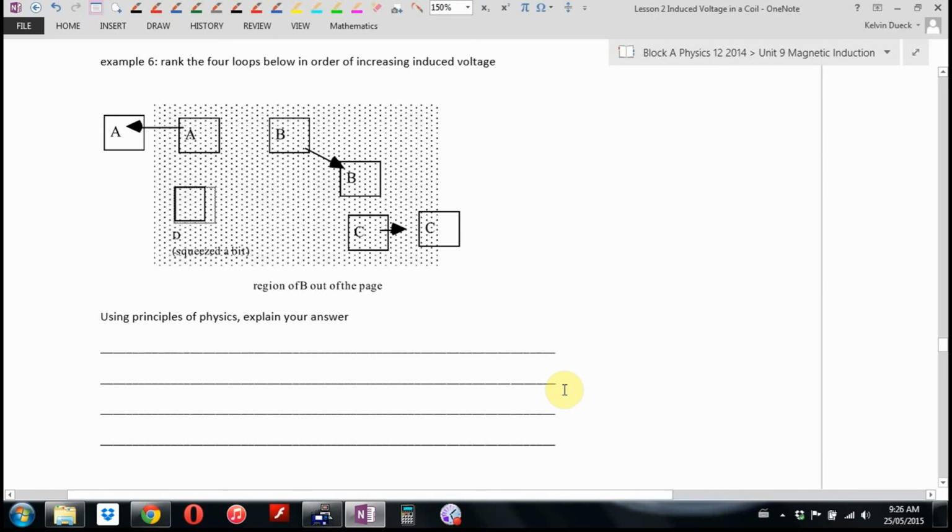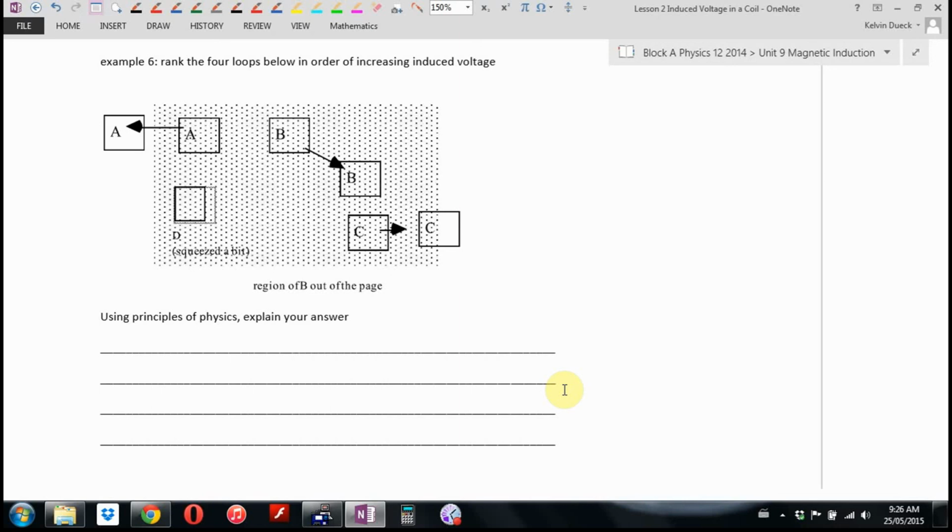Example 6 says, rank the 4 loops below in order of increasing induced voltage. So from smallest to biggest. Okay? One of these has no induced voltage because there's no change in flux. Which one?